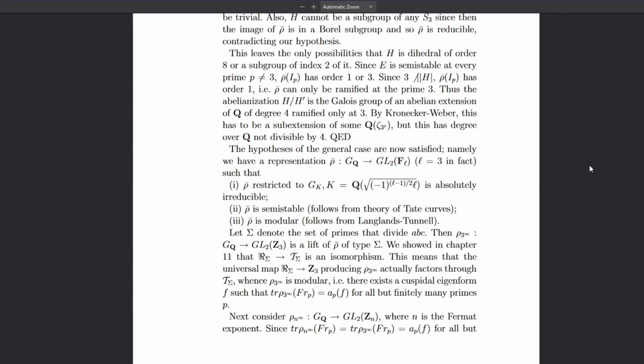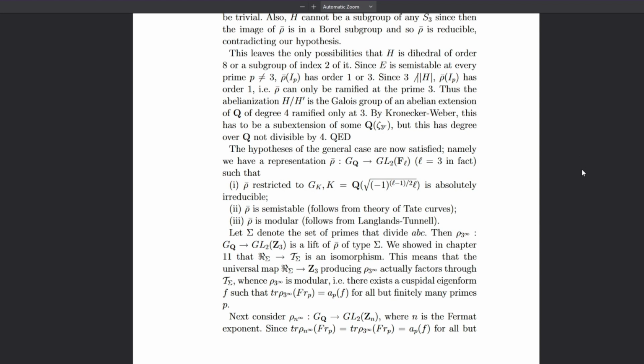Let sigma denote the set of primes that divide abc. Then rho_3 to the power infinity, which goes from G_Q to GL2 Z_3, is a lift of rho bar of type sigma. We showed in chapter 11 that R_sigma to T_sigma is an isomorphism.